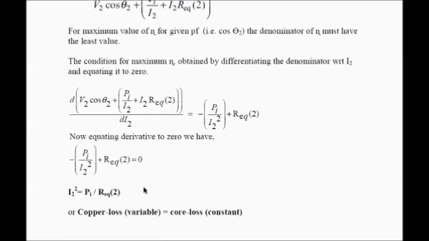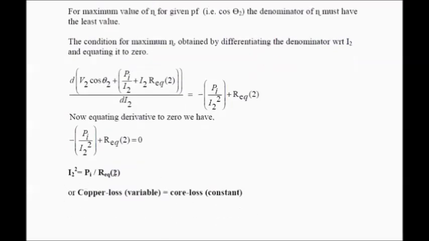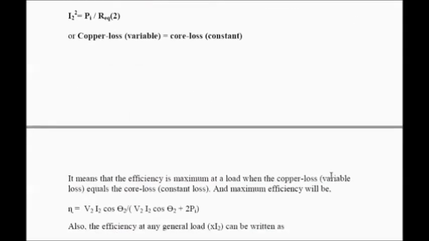So for maximum efficiency, the condition is that copper loss, which is variable loss, must be equal to core loss, which is constant loss. So this is the condition for maximum efficiency, copper loss equals core loss, and this is full load copper loss actually.